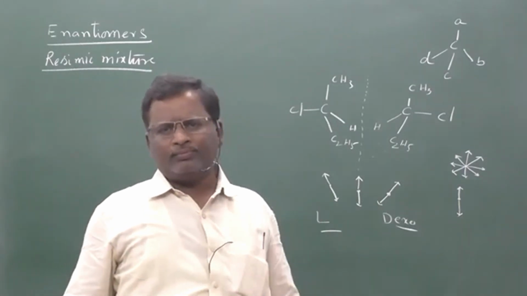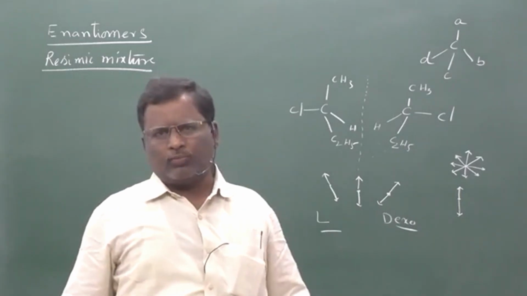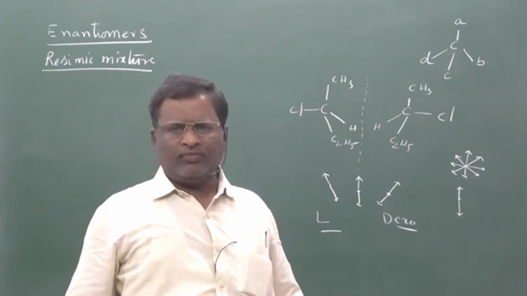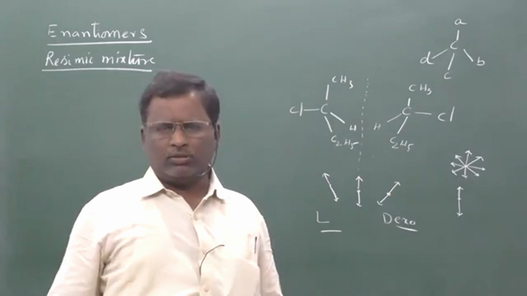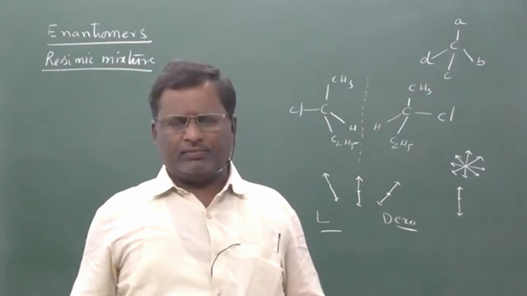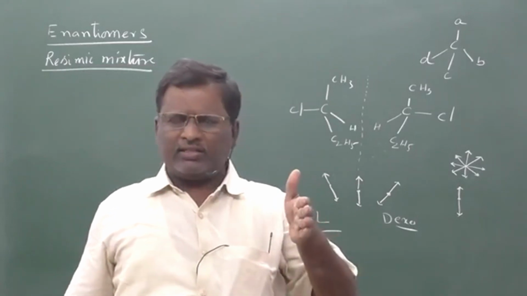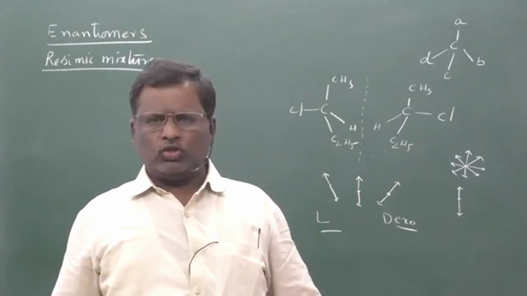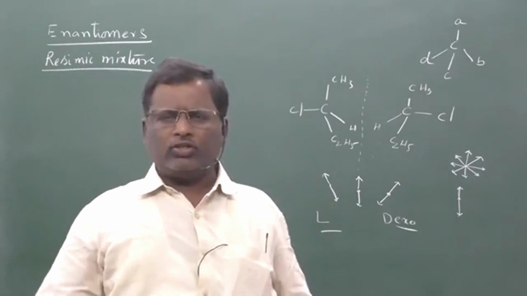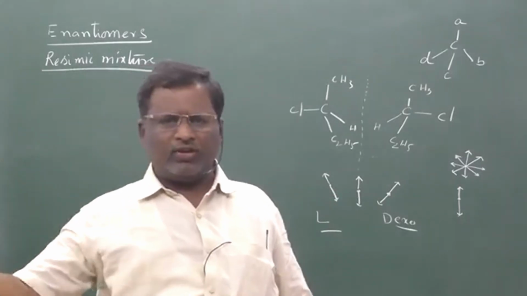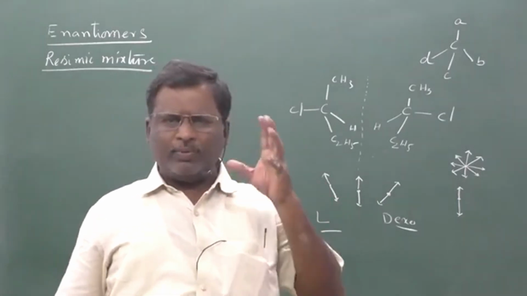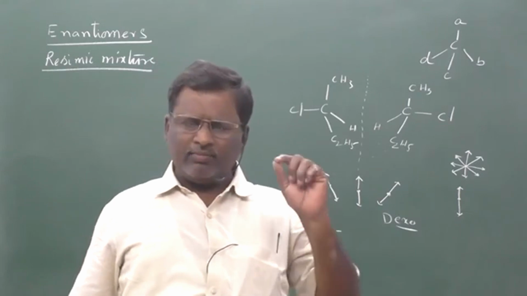If any optically active compound has both L form and D form equally present, 50% and 50%, the rotation created by 50% of one isomer is neutralized by the other 50% of the other isomer. So the resultant ray will not have any rotation.